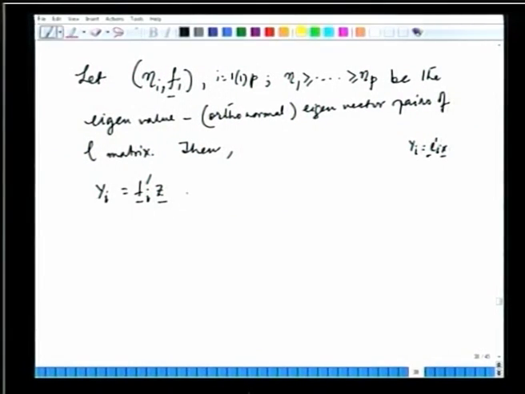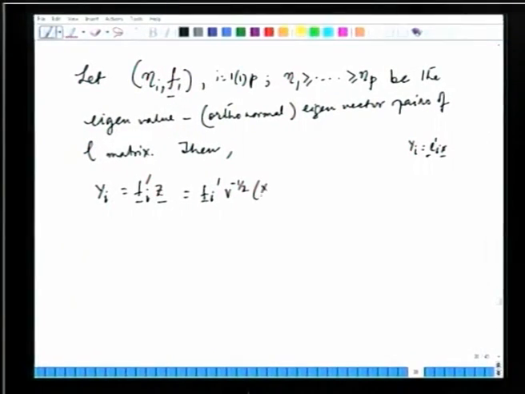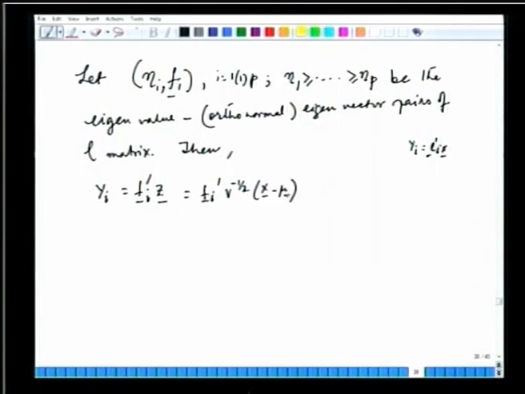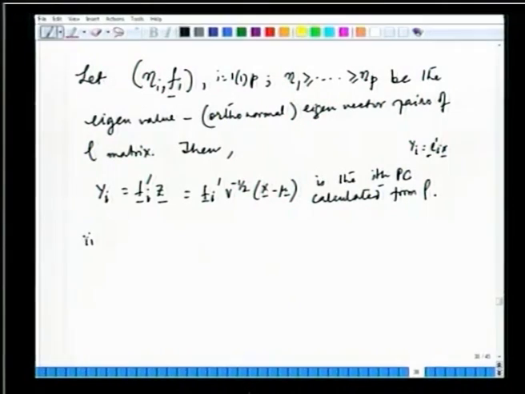And this is nothing but fi transpose V inverse, x minus mu. So this is the ith principal component calculated from rho.